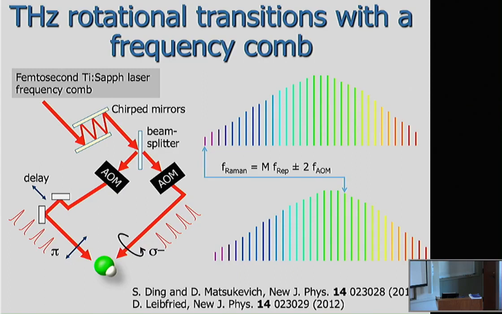So we can change the difference between these two AO frequencies in such a way that we can essentially shift the upper comb relative to the lower comb in such a way that we can hit any difference frequency that we want between roughly 0 and 5 terahertz or something like that.